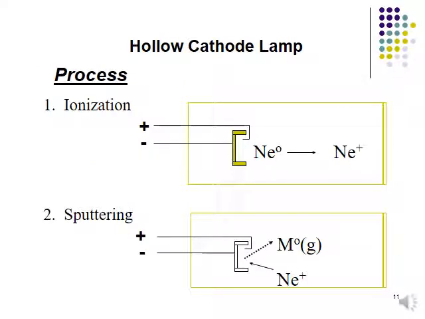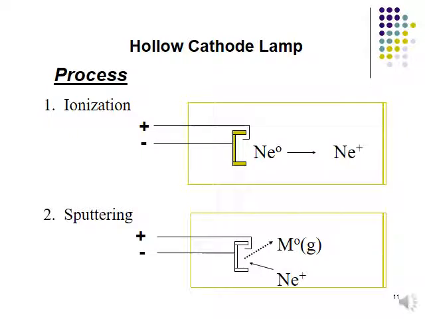Next, when we look at the process of the hollow cathode lamp, the first one is ionization. Basically, the neon gas will be ionized, and then it will form neon plus. Next is what we call sputtering.